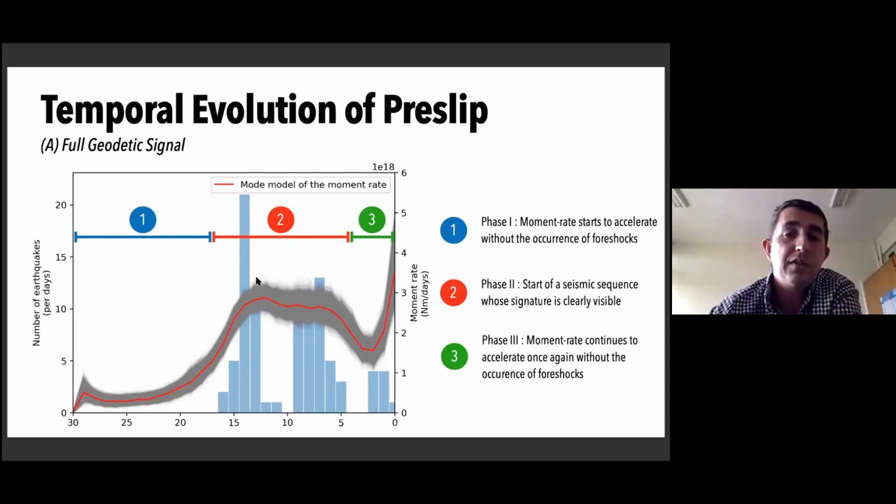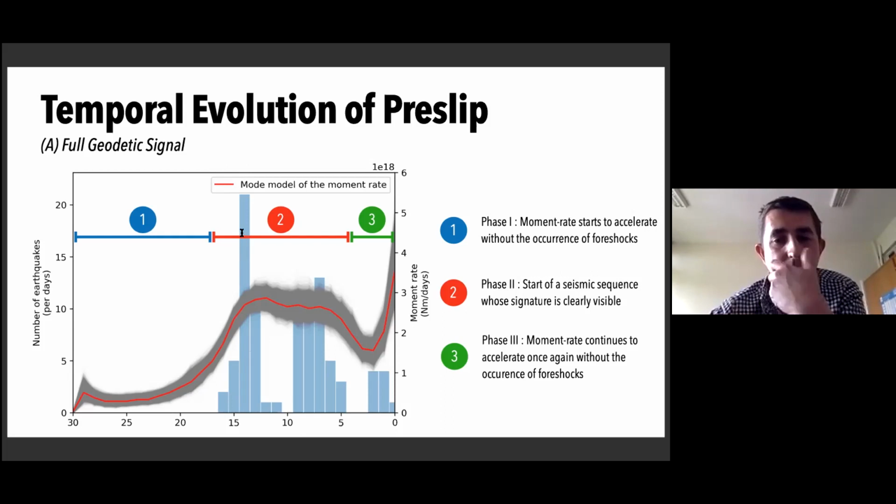When you start to reach phase number 2, you have this very large increase in moment rate, which peaks here about 15 days before the main shock. And this happens to be at the same time when we have a lot of earthquakes. The number of earthquakes is shown by the blue bars.